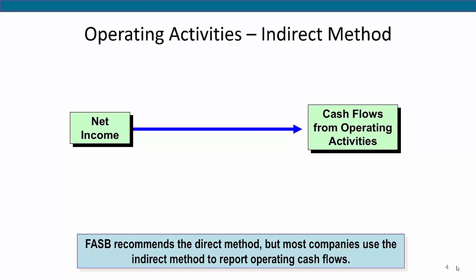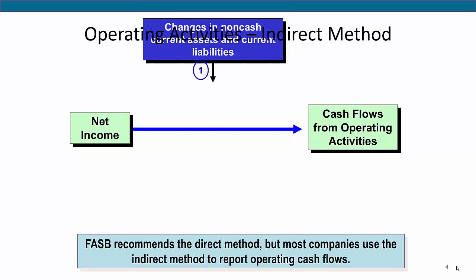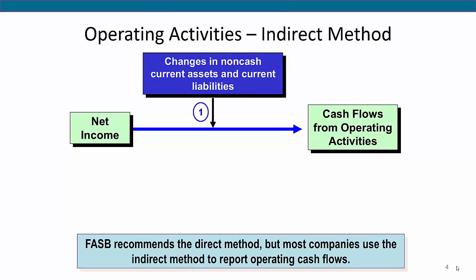The indirect method starts with the accrual-based net income and makes three types of adjustments to arrive at cash flows from operating activities. The first adjustment includes changes in non-cash assets and current liabilities. We'll discuss these on the next slide.